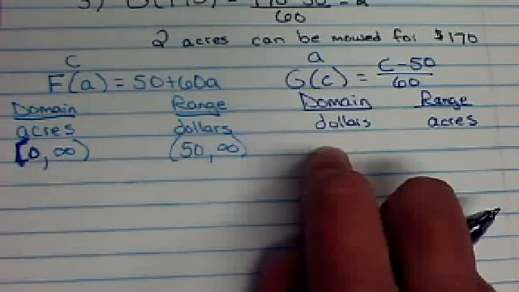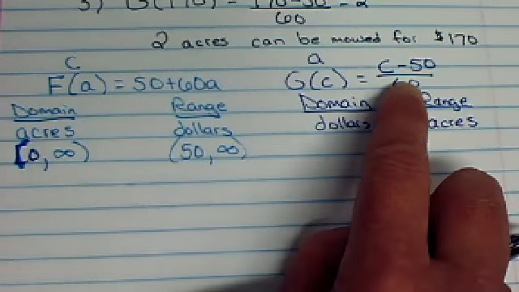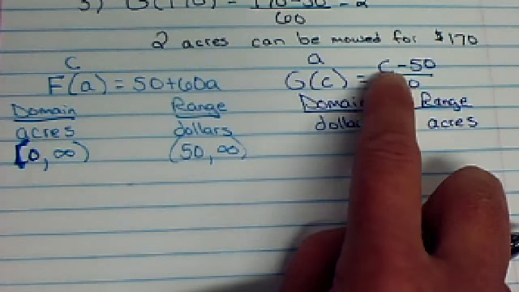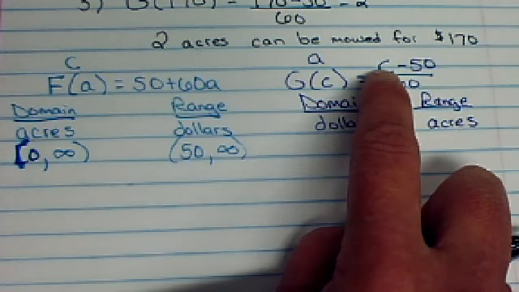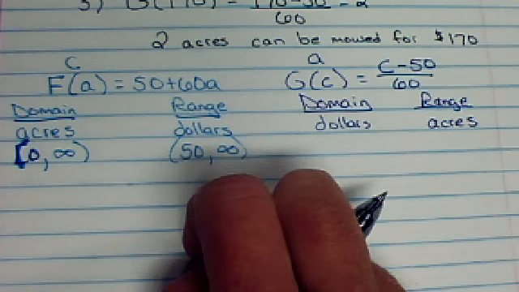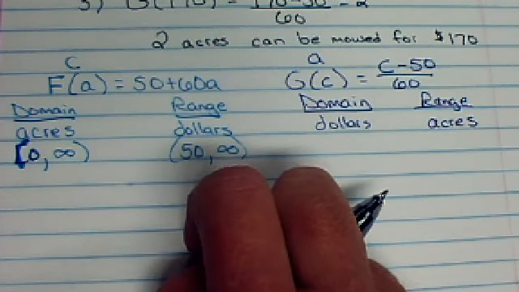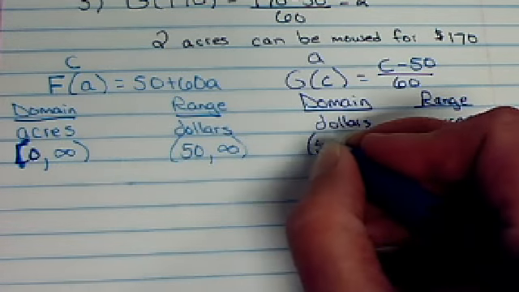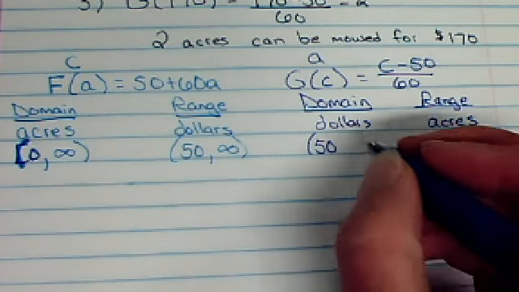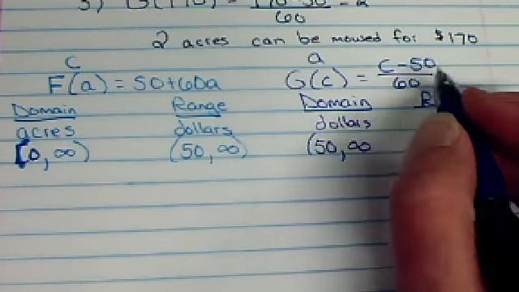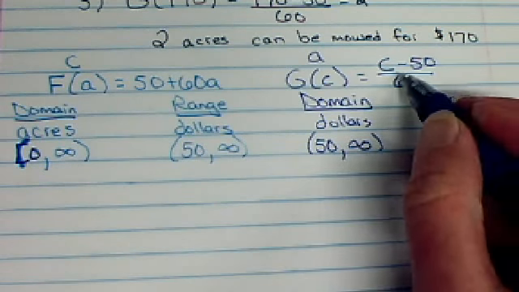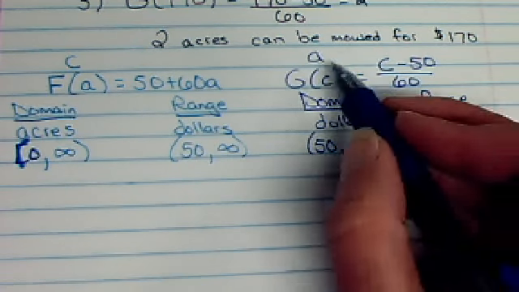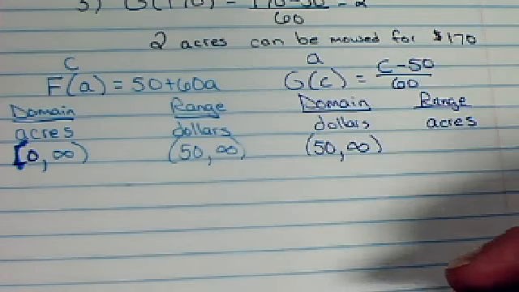Now, what's the smallest amount of dollars I can put into this function? Well, if I plug in 50, I have 50 minus 50, which is 0. So I have to have more than $50 to even make this function make sense. If you plugged in $40, you'd have a negative amount, and can you have negative acres?